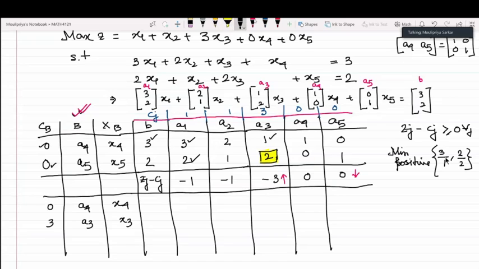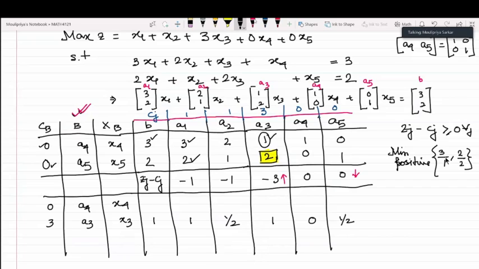That implies the second row would be revised as 1, 1, half, 1, half. Correct. And how will the elements of the first row be revised? We had made a calculation.